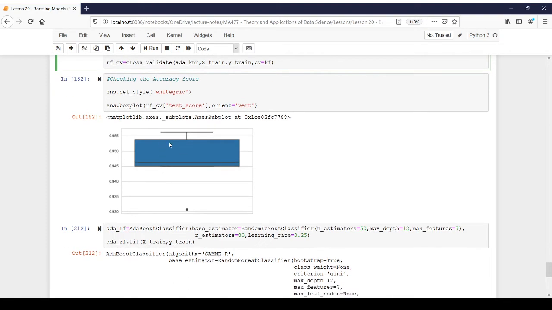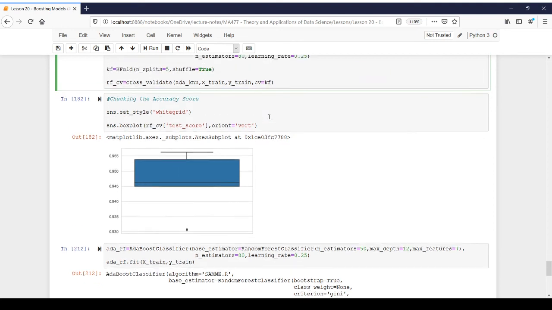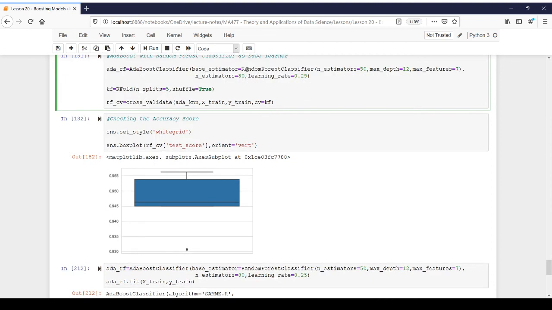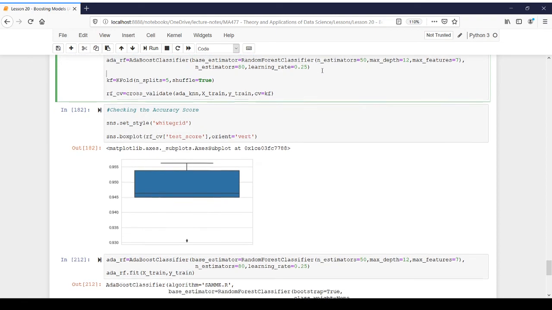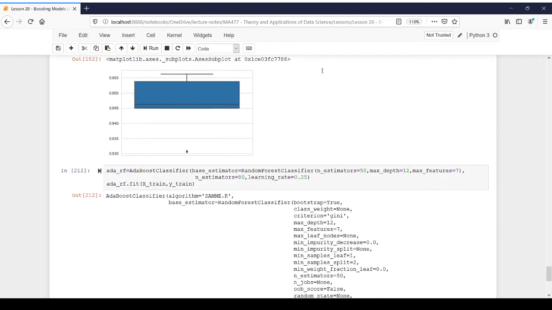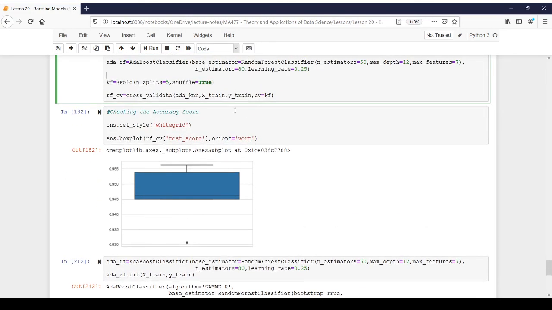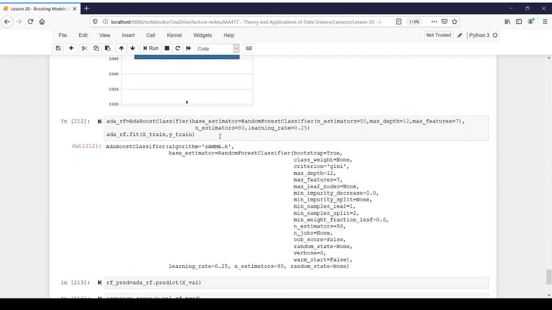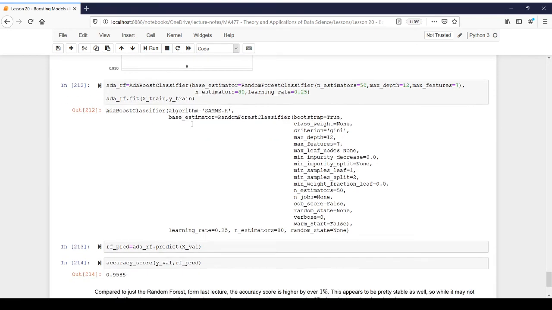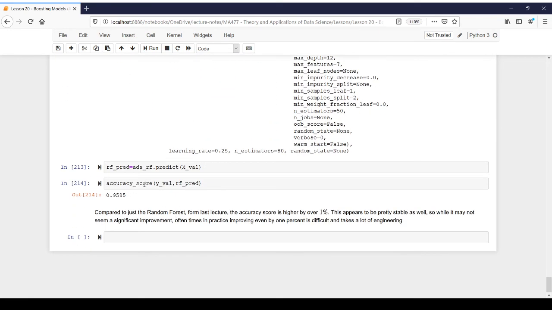And looking at this graph, actually, it looks like it's doing better than what we got last time from just using a random forest classifier. And so here what I do is I just basically refit this model again on our training data, and I compute the accuracy score on the validation set.